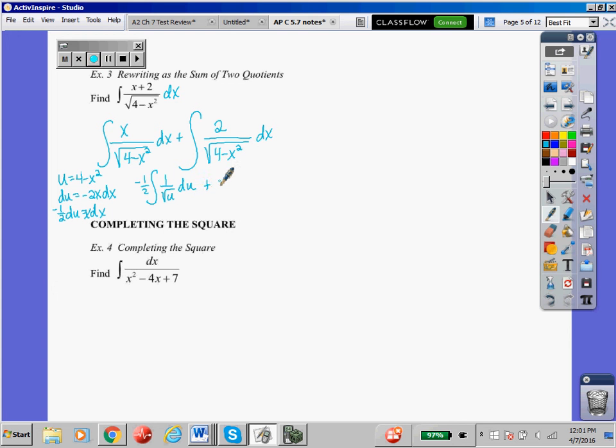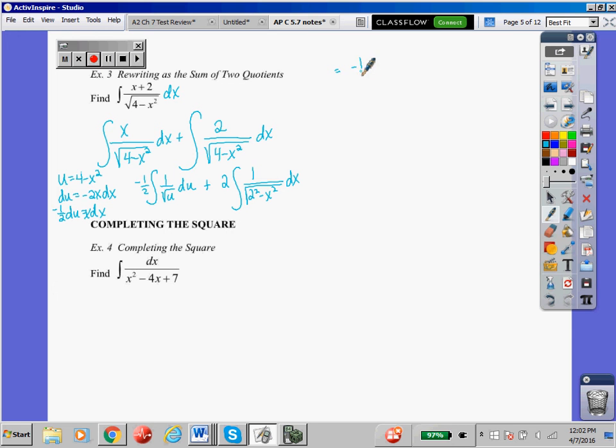Over here, I'm going to pull this 2 out, and that's 1 over the square root of 2 squared minus x squared. Well, this one is the arc sine. So let me keep working over here, and I'm doing both of them here, and if that's too much for you, do the one all the way down and then go do the other one.